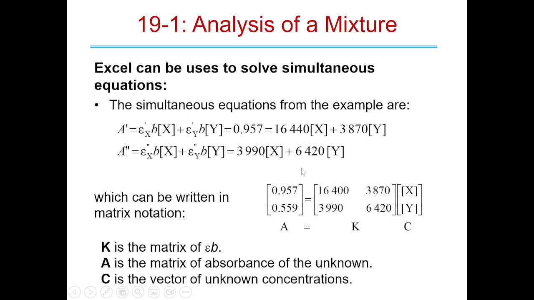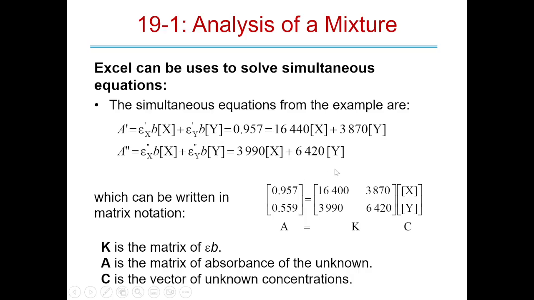So this can be written as a matrix as well. This would be the matrix notation. This is actually the easier way to use math to solve this if you were ever to do this. And this is actually closer to how the computer does it, in case you're curious, because computers can do matrix calculations very easily. Okay? So you have a matrix of your absorbances, the first and then the second, right?